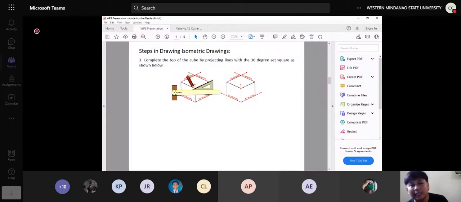So baka magtataka tayo. So take note of that because yun nga, due to the fact that isometric drawings are presented in an inclined manner, so naka 30 degrees with respect to the horizontal, so definitely magbabago talaga yung length, okay, as compared to the 2D objects or model presented in XY plane.